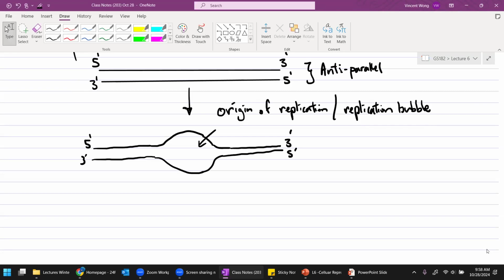So you are building the new DNA strand. The blue here is the new DNA strand, the new DNA. The black is the original DNA.